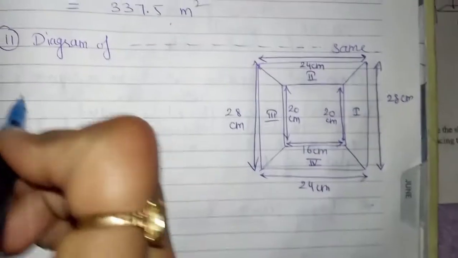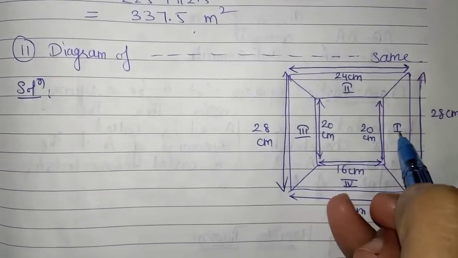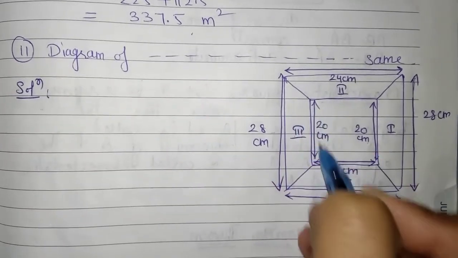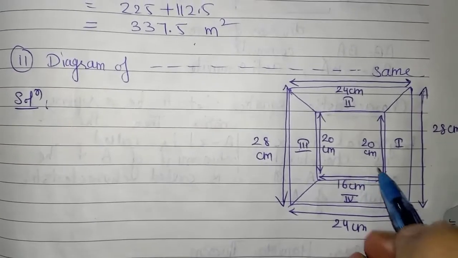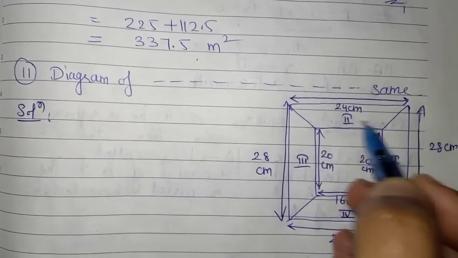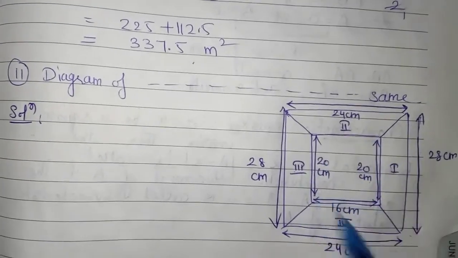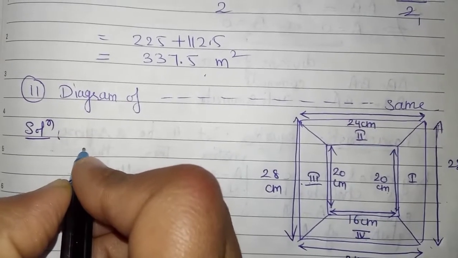So this is the same diagram. As you can see here, this and this side is almost same and 4 and 2 are same. So I've given some names like 1, 2, 3 and 4. 1, 3 are same and 2, 4 are same.